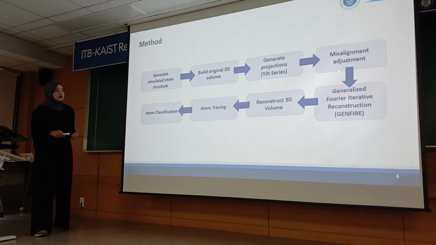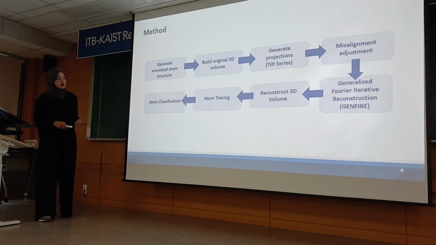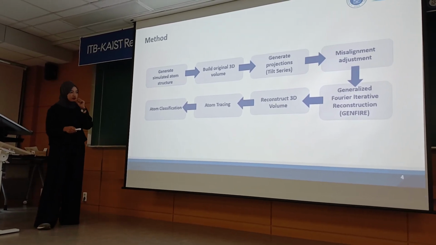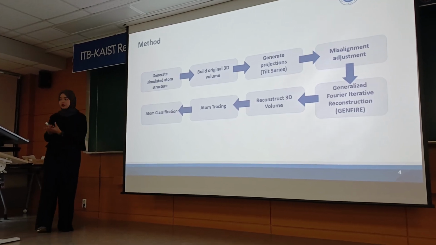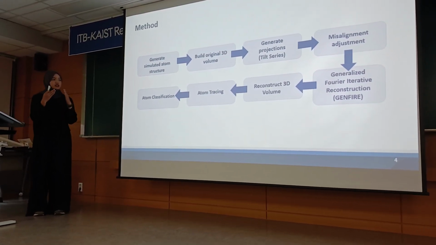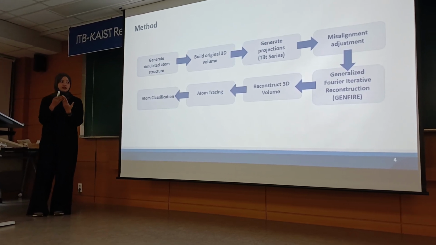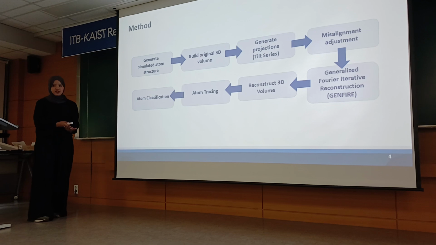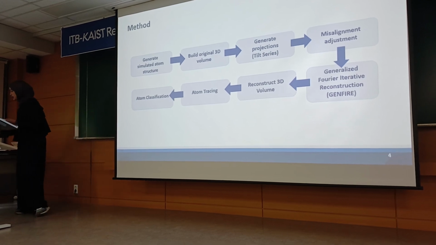Then we can apply this GENFIRE algorithm to the tilt series to obtain the 3D volume. After we have the reconstructed 3D volume, we do atom tracing to find each atom's coordinate position, and we can classify which atom is Fe and which atom is Pt.